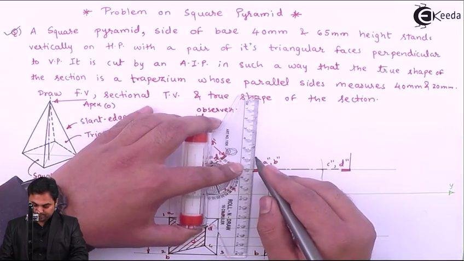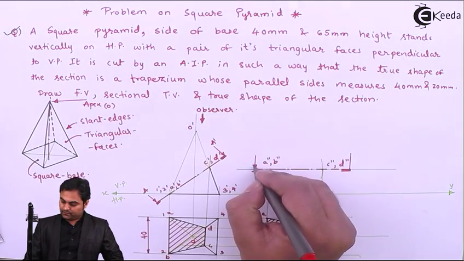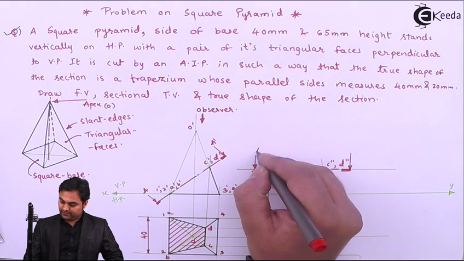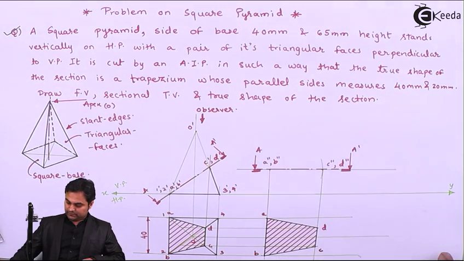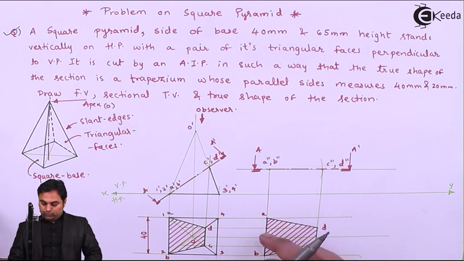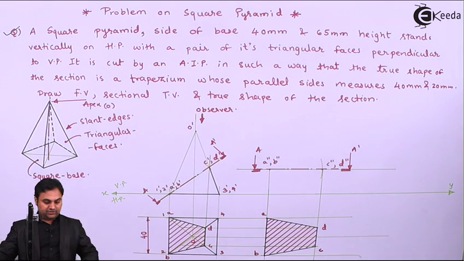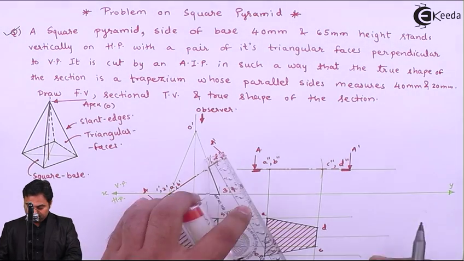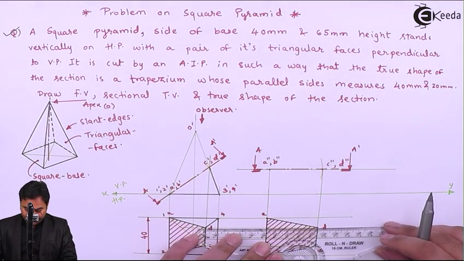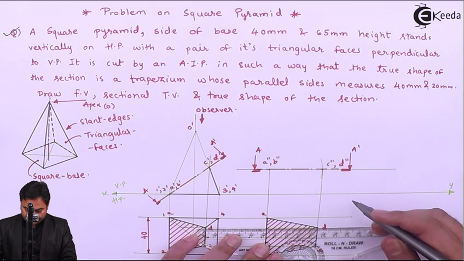Viewing direction. Section plane AA dash. Next, the true shape, they had given the dimensions for that. So A to B is 40 mm and C to D 20 mm, parallel sides of the trapezium.